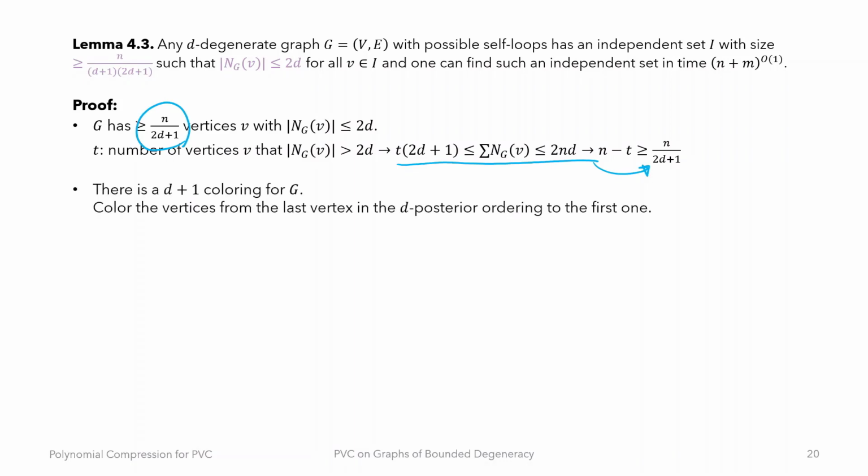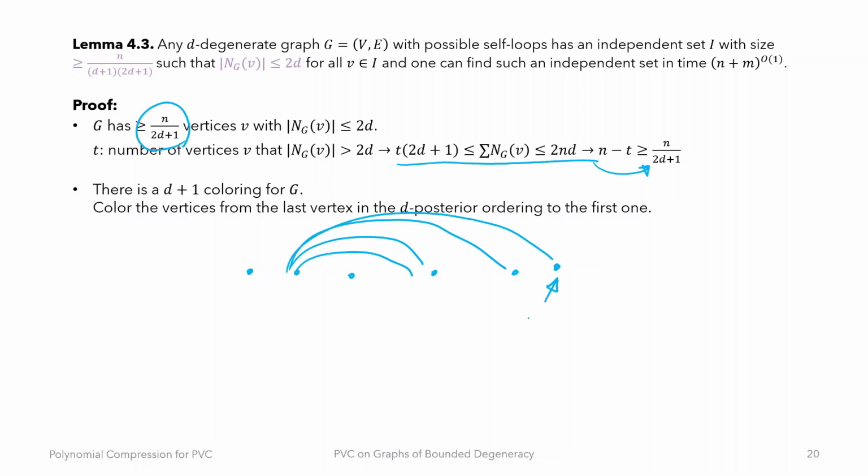And then there is a D+1 coloring for G. I mean, we can color the vertices of G with D+1 colors such that the two endpoints of every edge have different colors. And why do we have a D+1 coloring? We said that we have a D posterior ordering for G, so every vertex is connected to at most D vertices after it.